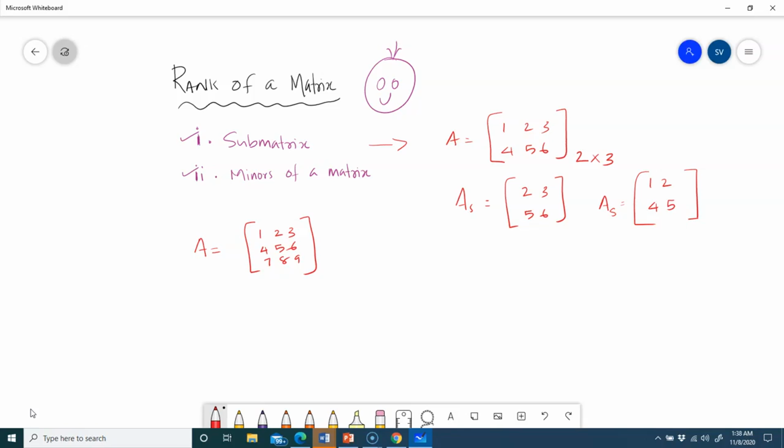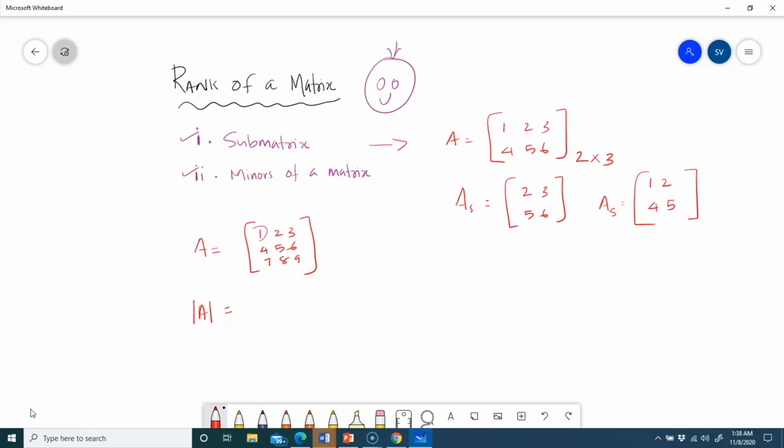If I'm going to find the determinant of A, I'm going to use the first row for calculating the determinant. So when I'm using the first row, I will use all three elements of the first row.